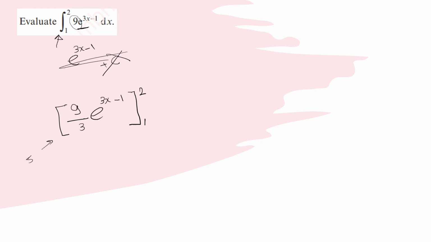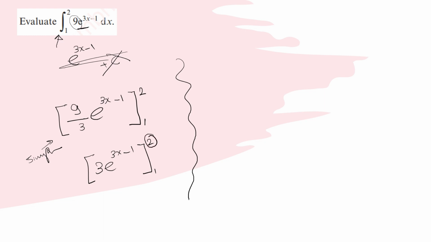So simplify, it will be 3 e power 3x minus 1 from 1 to 2. How can I solve these brackets? First, I substitute x equal 2 minus x equal 1.